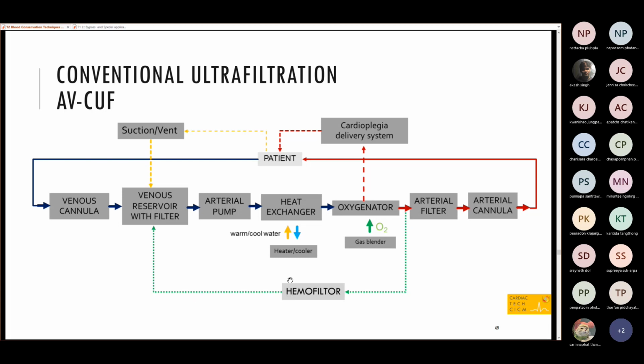This device is going to filter the blood, you can let the waste product out here, and give the blood back to the patient via the venous reservoir.